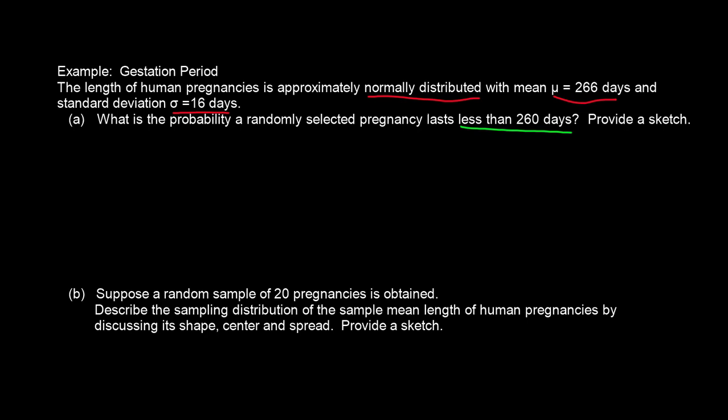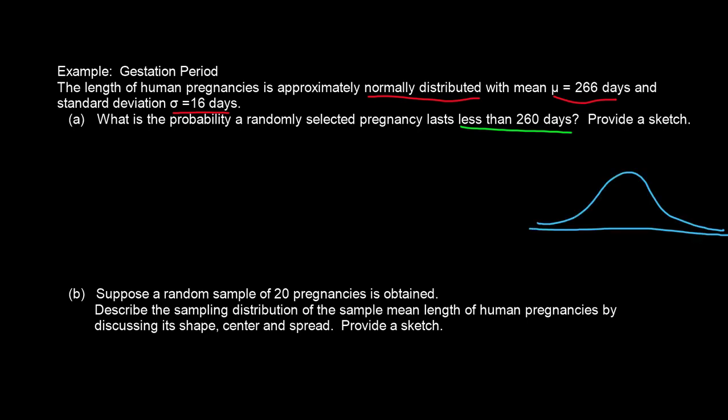So this question does not require any knowledge of the sampling distributions from the previous video. This is kind of like a review example, but we're going to extend upon it. So we want to find a probability with this normally distributed variable. So let's first do the sketch. I think that will help guide us a little bit.